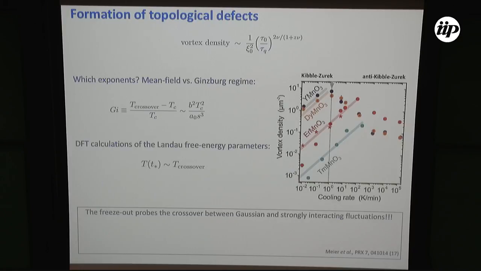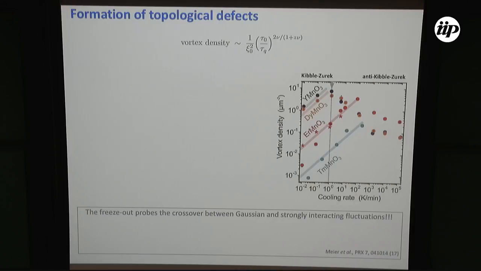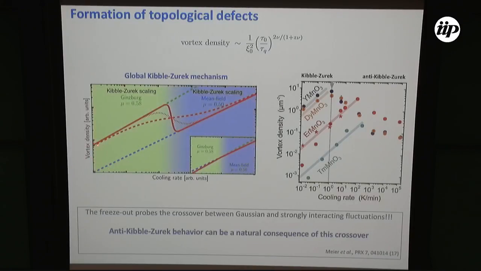That means that these exponents probably are changing. They are running exponents. So we can find a situation like this. For very low cooling rates, we have one set of critical exponents like this. For high cooling rates, we are more in the mean field regime. We need to use another set of critical exponents.